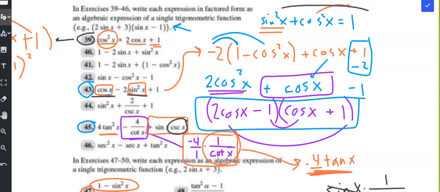If you go back to your Pythagorean identity and solve it for sine squared, you would get 1 minus cosine squared. So you can see on the next line, I pushed this term over here so that it would be in the middle, because that's my linear term. And here's my minus 2 and my sine squared x. But I replaced the sine squared with 1 minus cosine squared. Then at the end, you're going to see my plus 1.